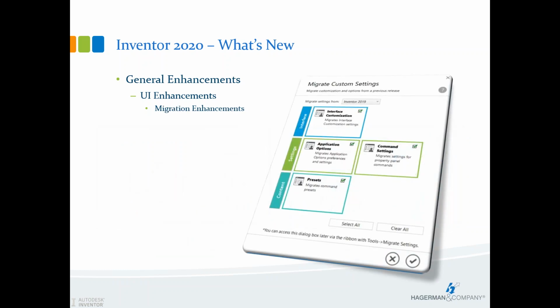Another Inventor Ideas enhancement was along the migration area. That is when we are importing from the most previous release, so for 2020 it would be 2019, and that is the ability to bring in those custom settings from Inventor 2019. There are two new groups of command settings here.